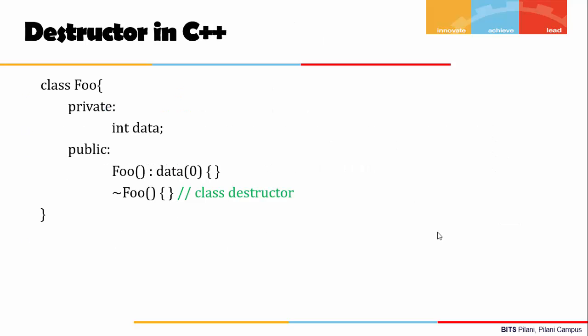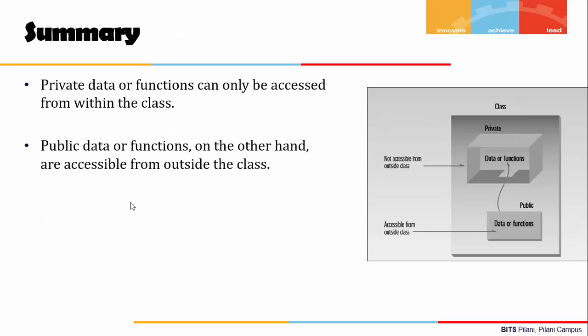So, if you see this example, you have a class and then one private data member and a public function. Here the constructor is created, here it is destructed. So you should use this to destruct or free the memory which is used.